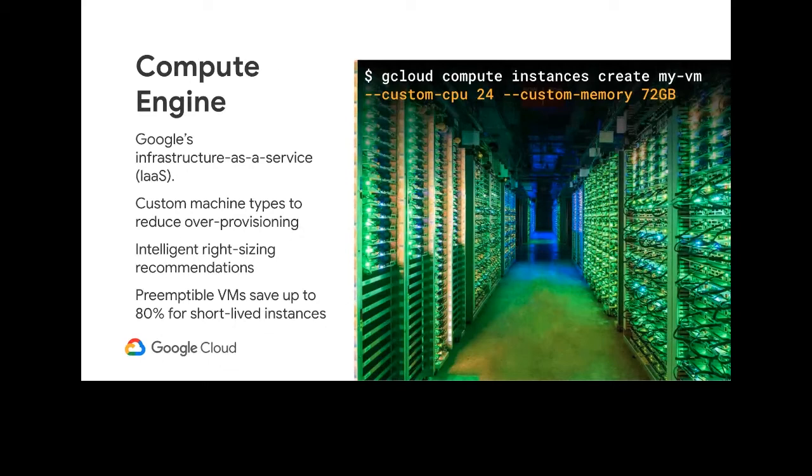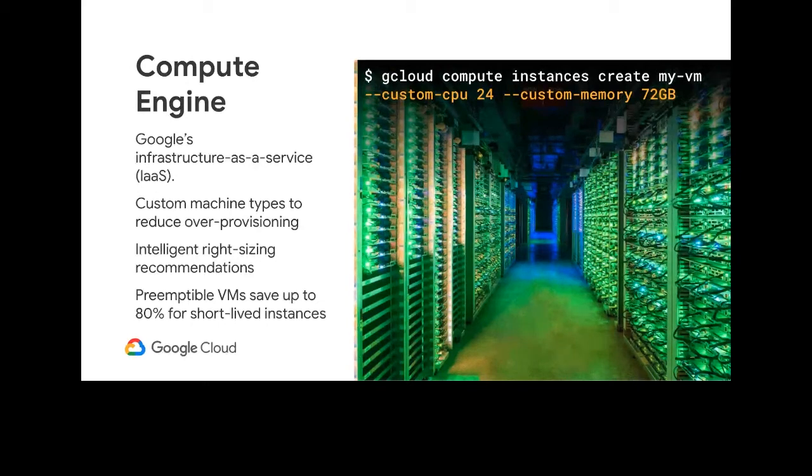As the second point mentioned, you have custom machine types to reduce overprovisioning, and depending upon your requirement, Google Cloud also offers you intelligent right-sizing recommendations, right? Let's say you created a VM instance, for example, this command is written, where you're using custom CPU and custom memory of 72 GB, right?